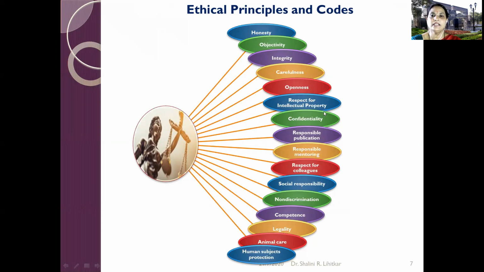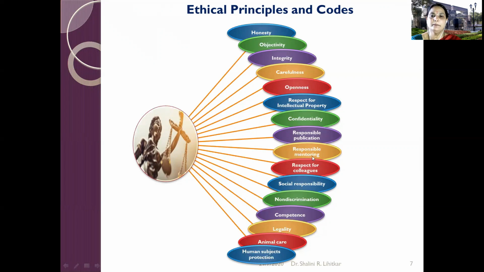Then respect for intellectual property. We should give credit to the due authors, whatever authors we are using for writing the publications or in our research. We should also maintain confidentiality, and next one is responsible publication. Responsible publication means we should avoid wasteful and duplicative publications.